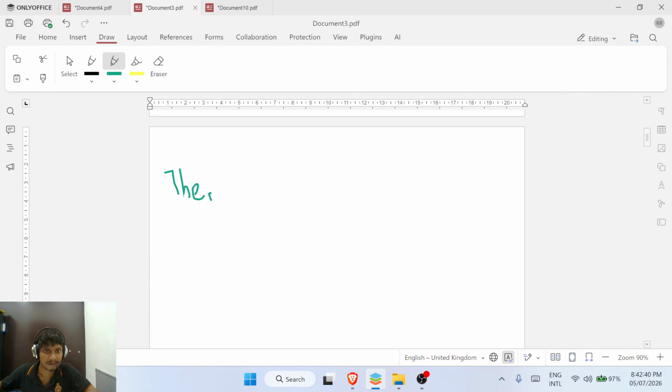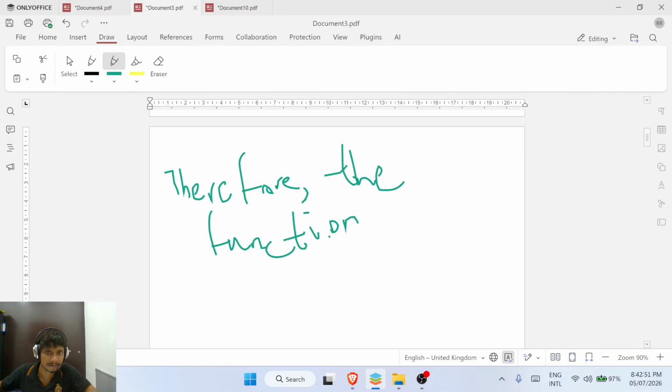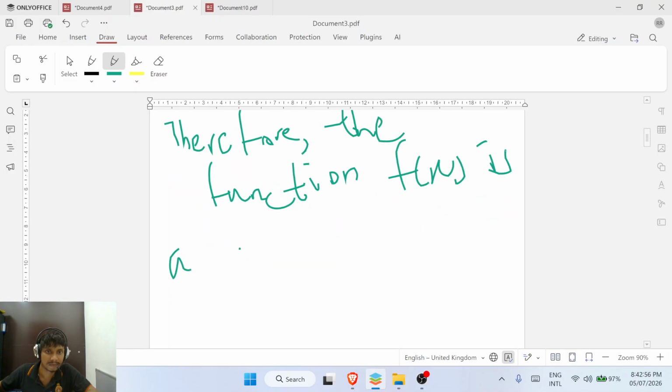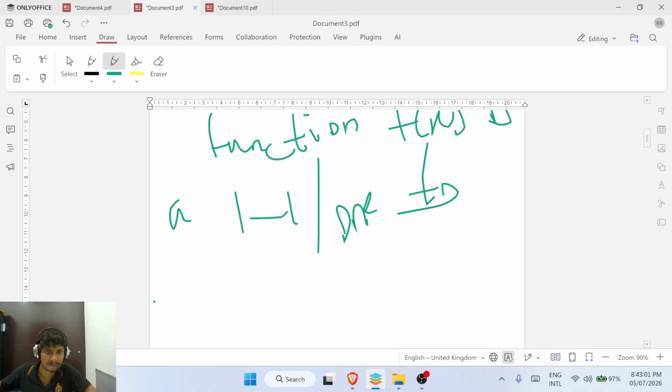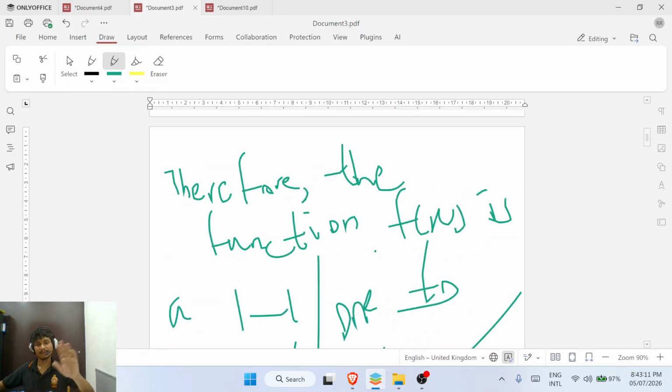This is the justification. Therefore, the function f of x is a one-to-one function. This justification is mostly enough. We have mentioned everything and proved everything.